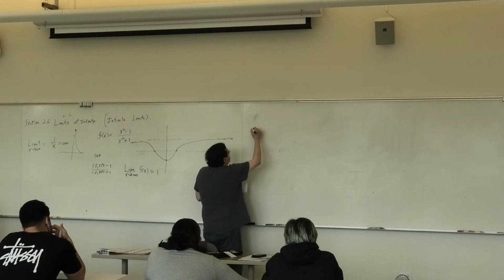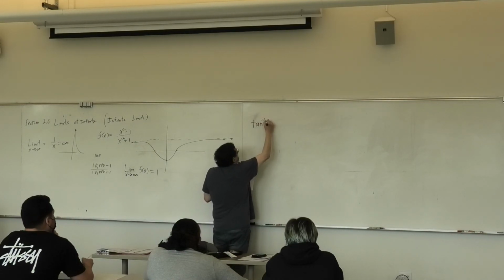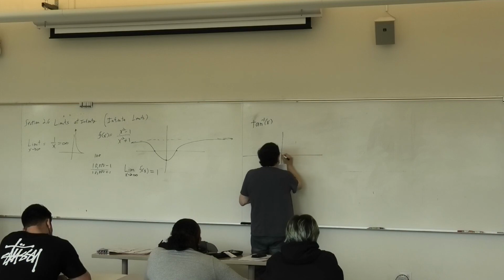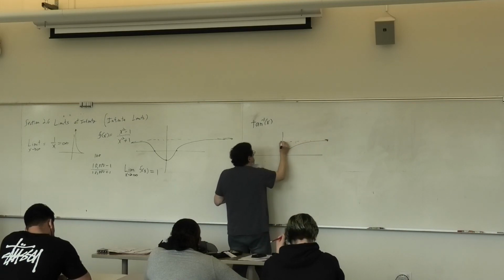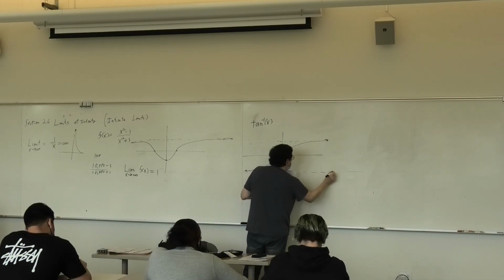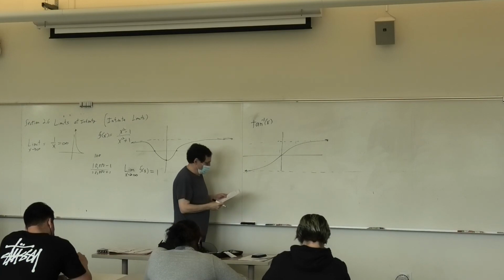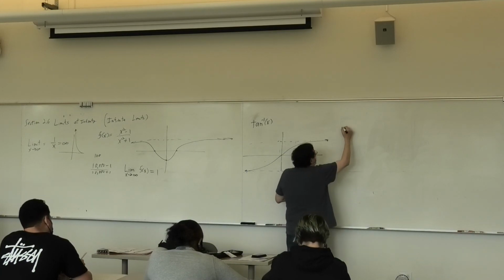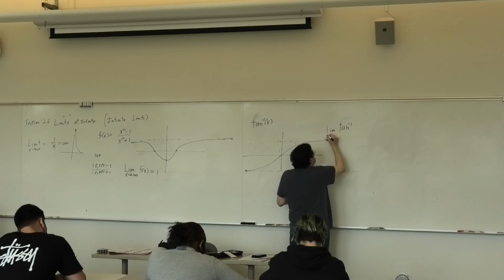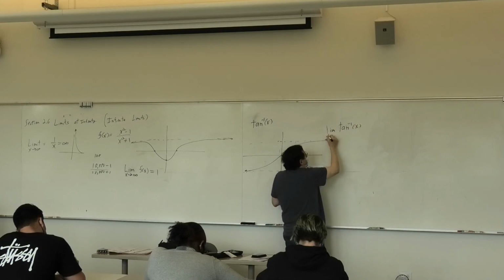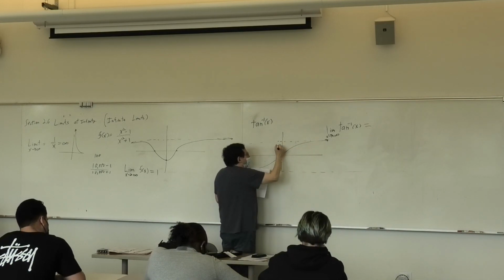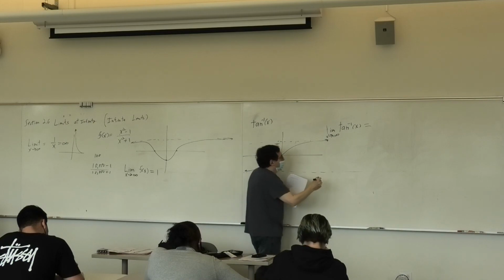We just look at inverse tangent of x. It kind of looks like this. So if I want to look at the limit of inverse tangent as x goes to infinity, you can see that it goes to pi over 2.